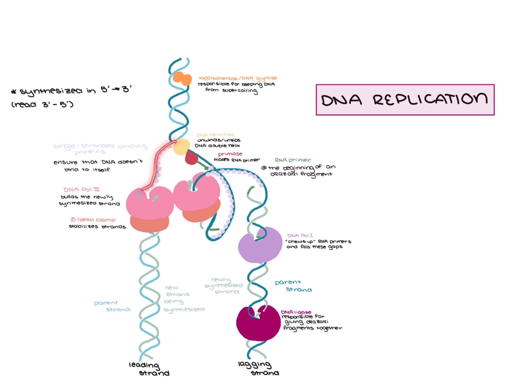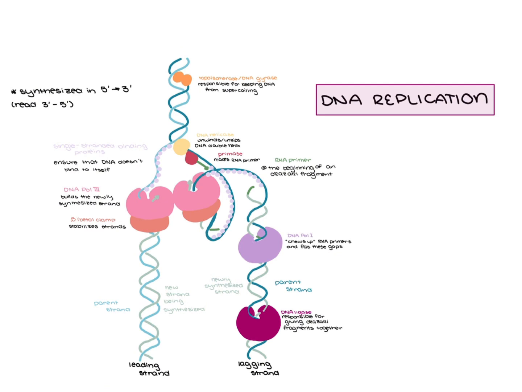Once we unwind that double strand, we need these single-stranded binding proteins to keep those two strands from coming right back together again. It's going to want to go like this and continue to be double-stranded all the way. But no, these single-stranded binding proteins will temporarily satisfy that single strand of DNA until it gets a new partner, which is in teal, and that's the newly synthesized strand there.